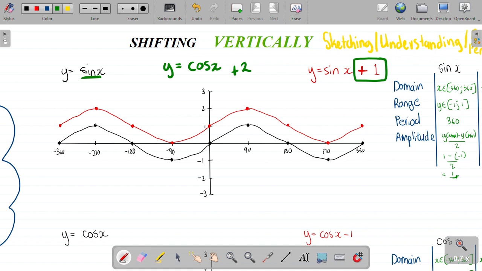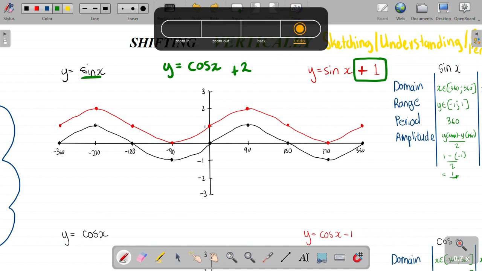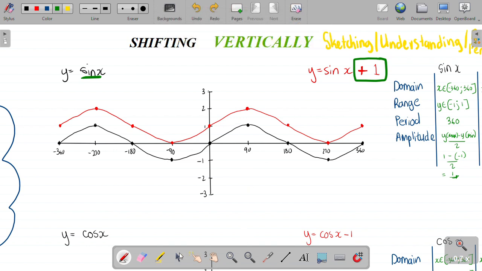When you have a plus or minus a number, the graph simply moves up or down. If it's plus, it's moving up. If it's minus, it is moving down. Let's have a look at how that happens. In black is sine x, and the red graph is sine x plus 1.